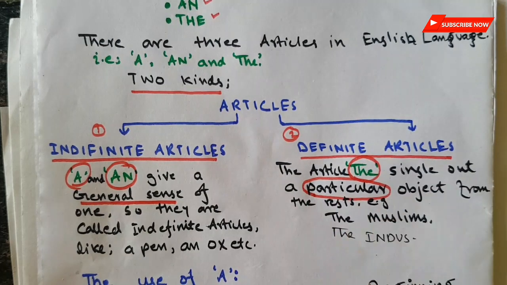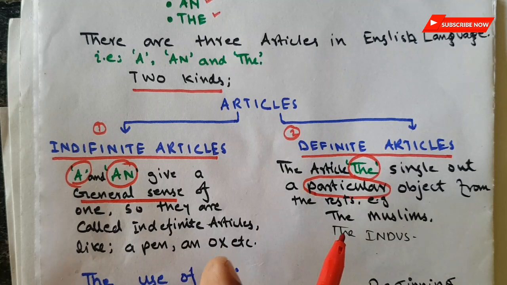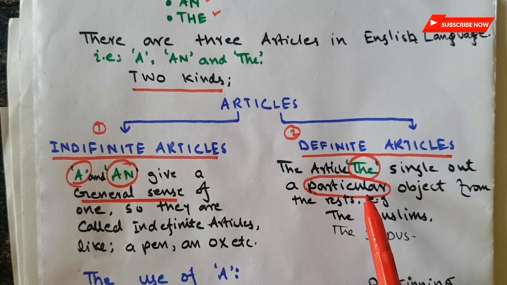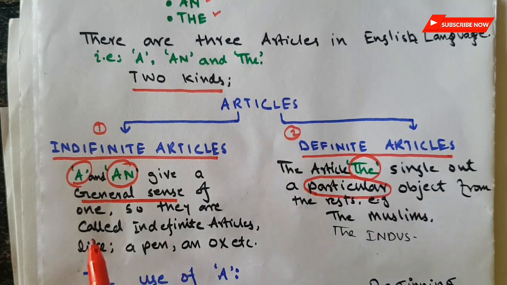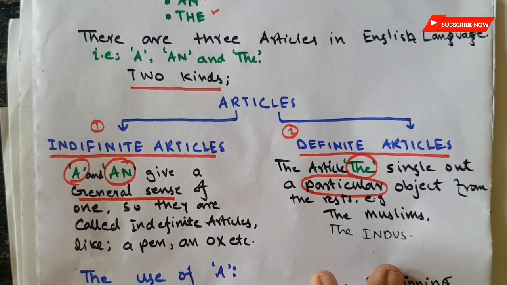In other terms, A and AN can often be used for general cases, while THE can be used in particular cases especially. And I have given the examples also and discussed them here.